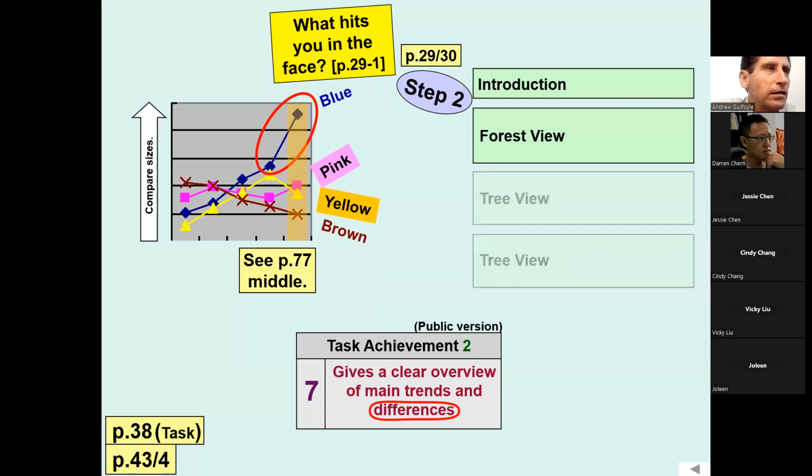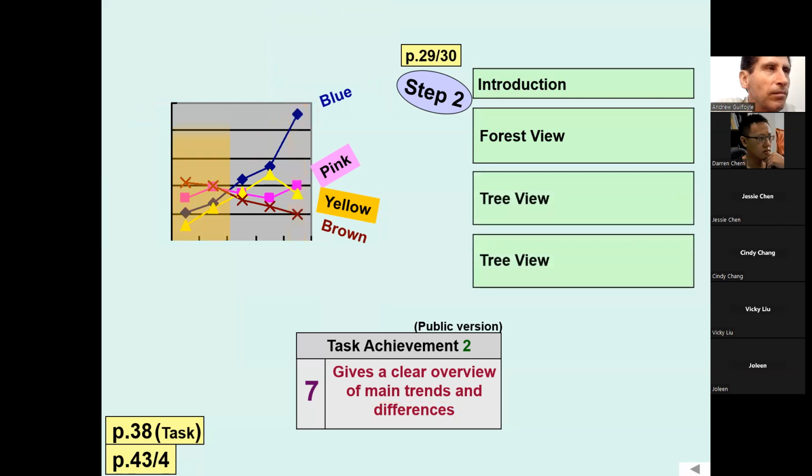But it wasn't always true, was it? Because what do you notice about blue at the beginning? What do you notice? Tell me. Blue line in the first half.